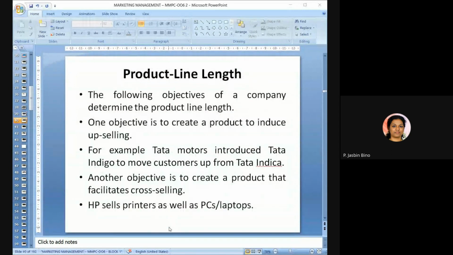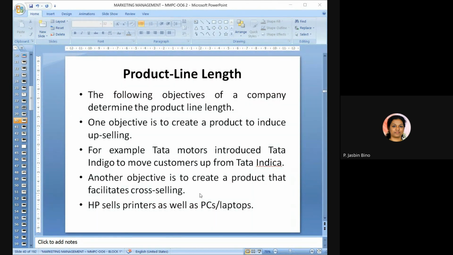Next one, product line length. Mainly when they are framing the objectives, they should determine the product line length also. One objective is to create a product to induce upselling. For example, Tata Motors introduced the Tata Indigo to move customers up to Tata Indiga.